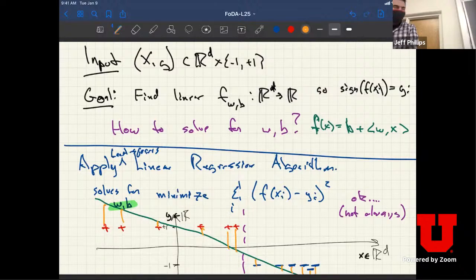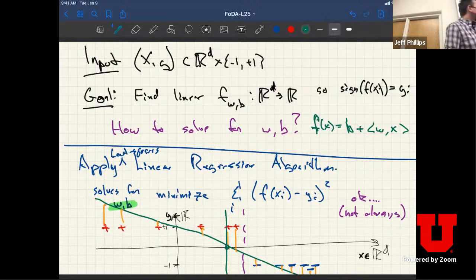Because you have a bunch of negative points pulling it down, you might get a function that looks like this. The resulting classifier you're going to get is where it hits 0, and you might get these two positive points misclassified.